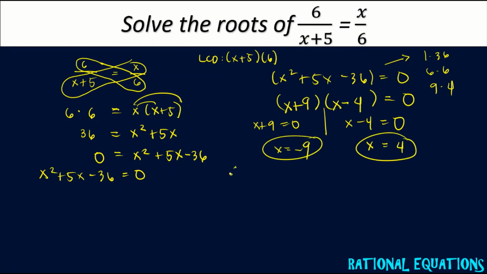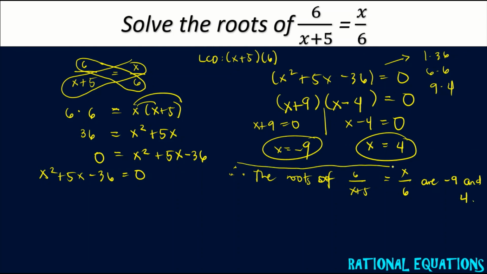So therefore, the roots of 6 over x plus 5 equals x over 6 are negative 9 and positive 4. And these are now the final answers.